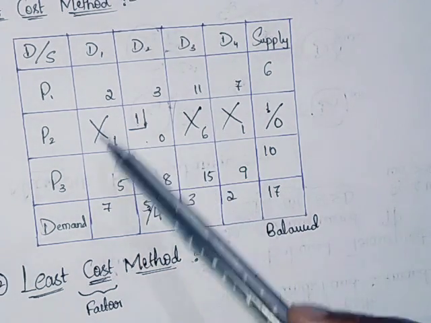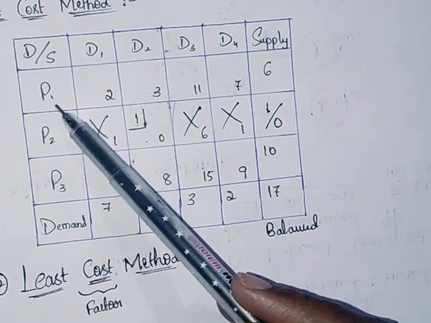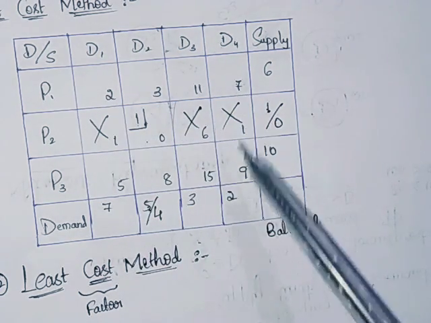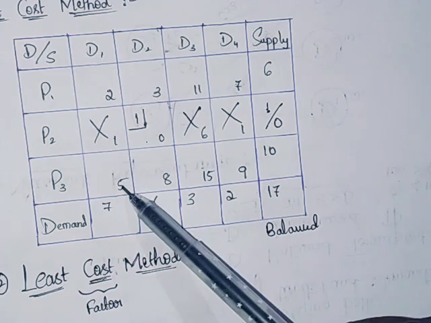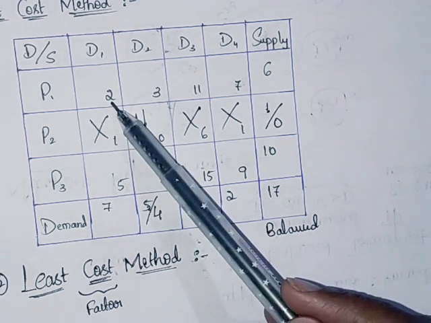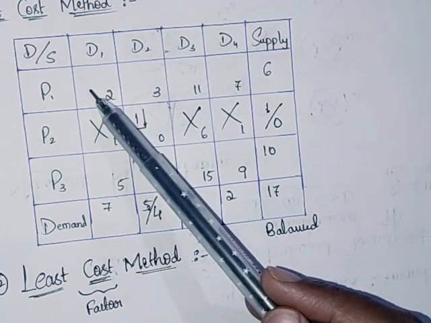Next, this row is completely crossed off, and we compare the plant 1 row and the plant 3 row to find which cell has the lowest cost. You can see that 2 has the lowest cost, so I am going to allocate from here.